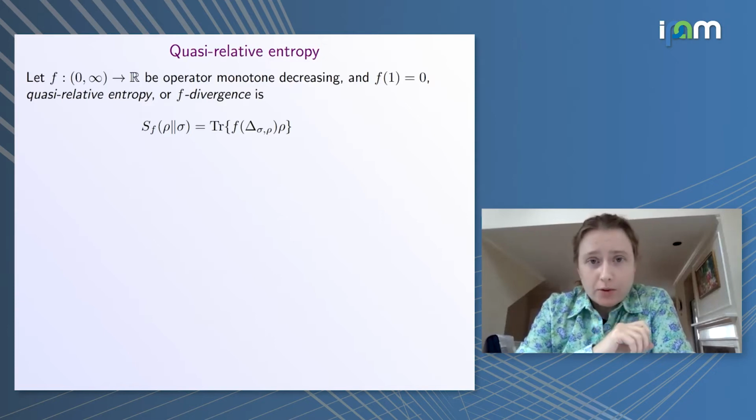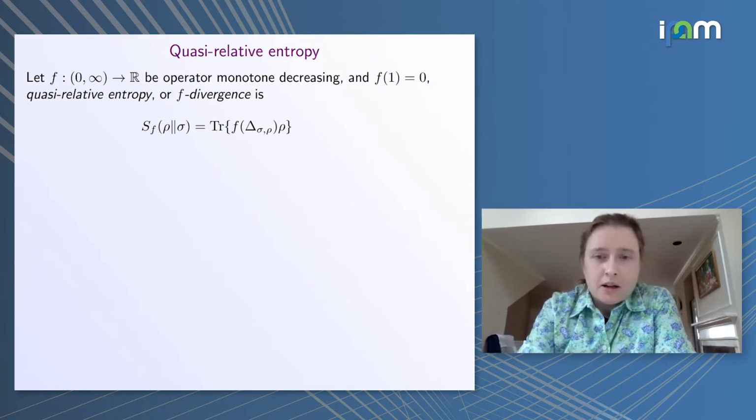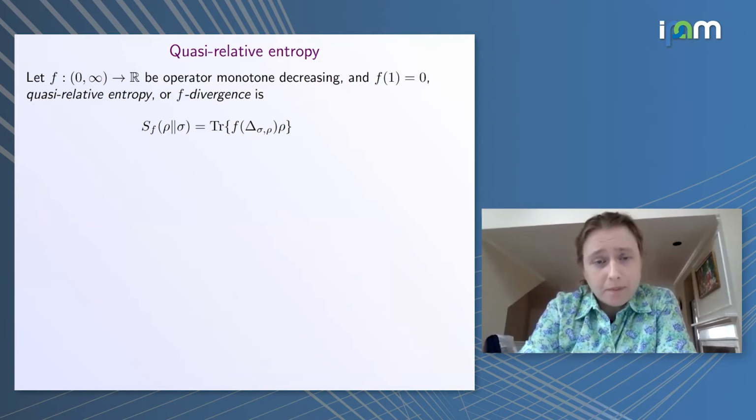One way to generalize the relative entropy is the quasi-relative entropy; well, there are many ways. Renyi entropy is one of the possibilities, and we've seen in the talk by Hanan yesterday the alpha-z relative entropy is another way, and here's another. This is a quasi-relative entropy, or f-divergence in this case.